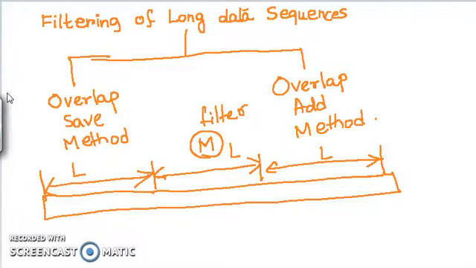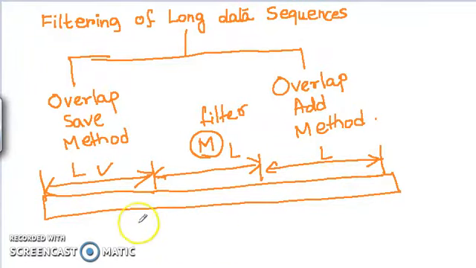And how are we going to take the L number of data? In the overlap save method, we are going to arrange the L number of data in a certain manner. In the overlap add method, we are going to arrange this data in another manner.